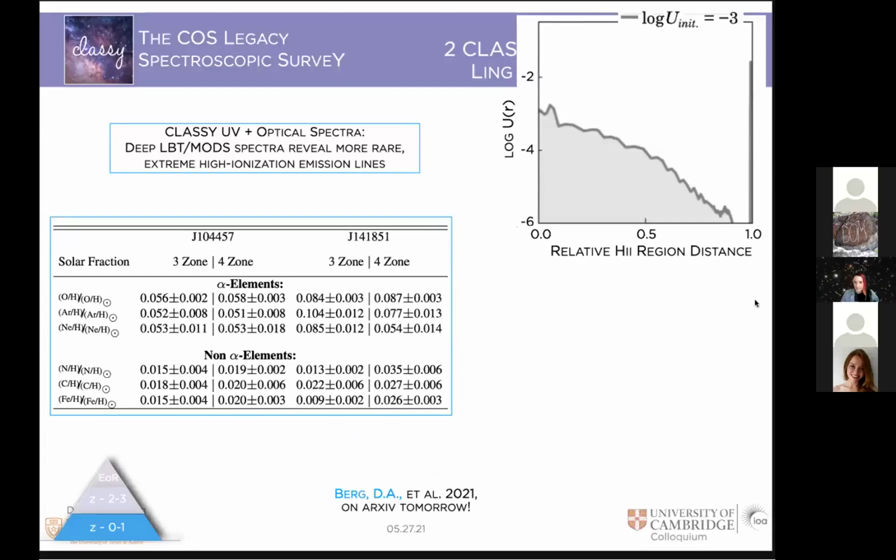It declines with radius as you have fewer photons, which makes sense. As we start to go to higher ionization, the shape changes a little bit, especially keep your eye on the very inner portion of the H II region. As we start to go to very high ionization, we see it gets really steep in the very small inner portion of the H II region.